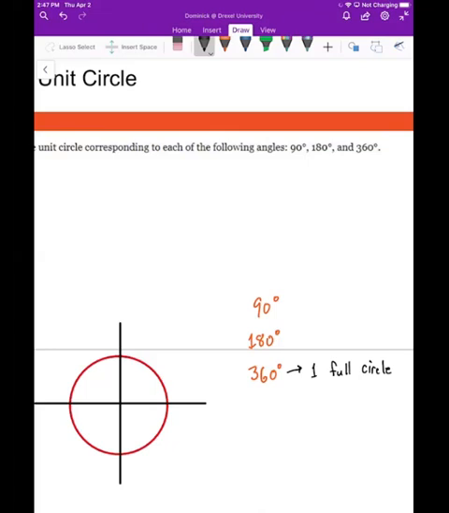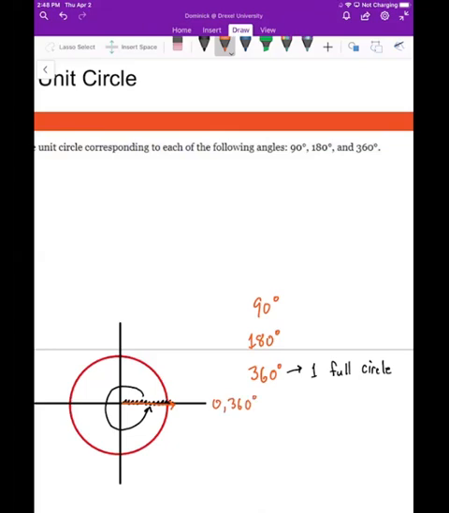So if I start here and I want to go 360 degrees, I'm going to go all the way back here, and that radius would be here. It'd actually be the same as where we start, so we could say that this is either 0 or 360 degrees.